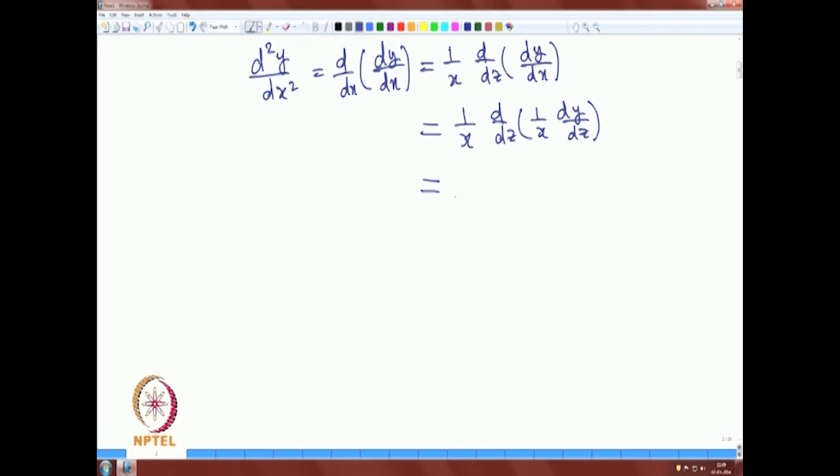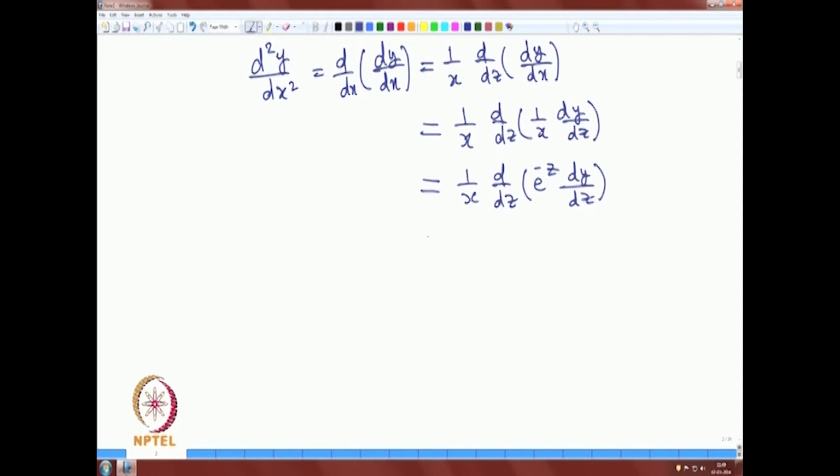So, this is equal to 1 by x times d by dz of 1 by x, which by transformation is e to the power minus z, times dy by dz, and now we can differentiate with respect to z.